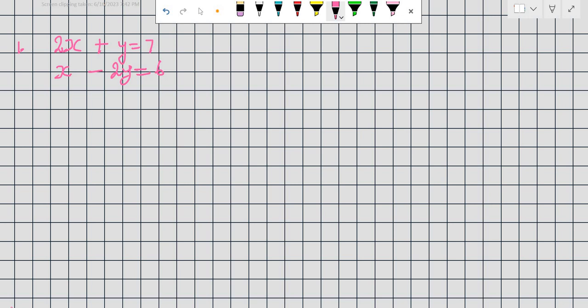The slope-intercept form has a formula which is y equals mx plus b, where m represents the slope and b represents the y-intercept.